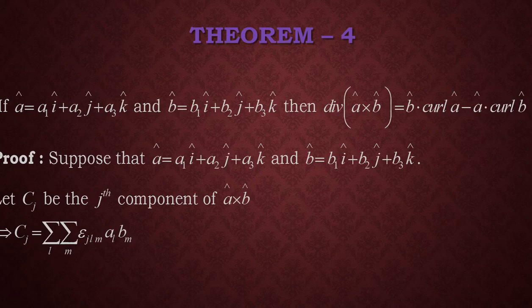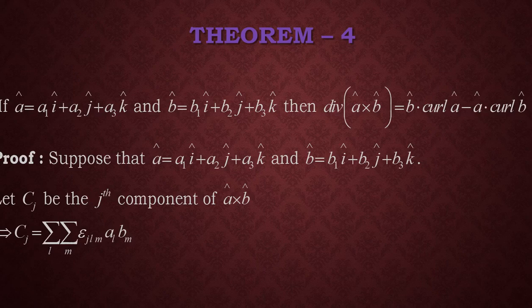Let's prove this identity. First of all, consider the vector fields A cap equals A1 I cap plus A2 J cap plus A3 K cap and B cap equals B1 I cap plus B2 J cap plus B3 K cap.